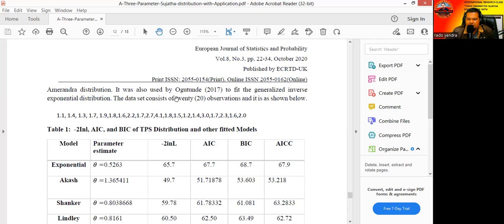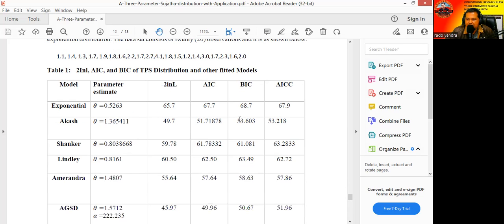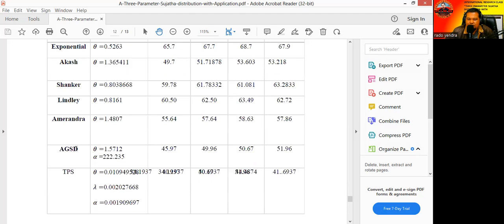This consists of 20 observations, from 1.1 until 2.0. And then the distributions compared are exponential, Akash, Shanker, Lindley, Amarendra, Sujatha two parameter and Sujatha three parameter.